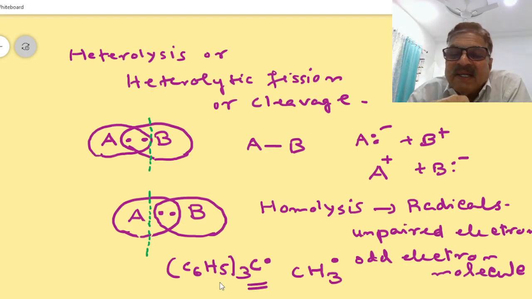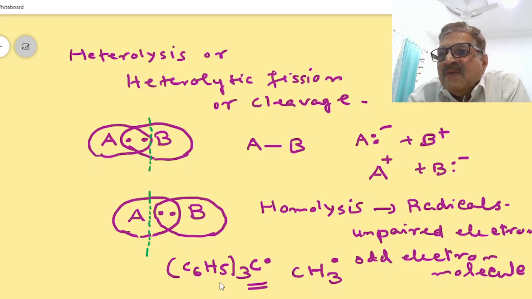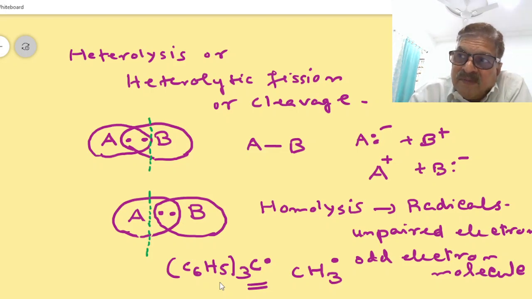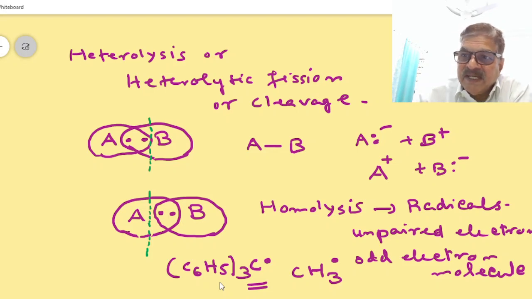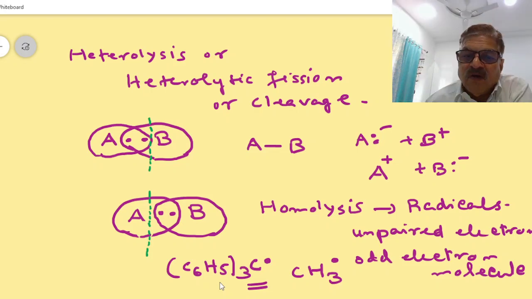They are very, very reactive species, free radicals. They have paramagnetic properties here. Correct. So these radicals, the reactive intermediate radicals, are produced during homolysis.